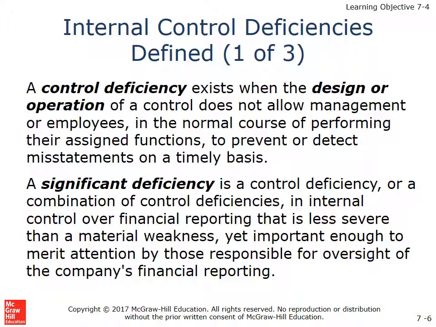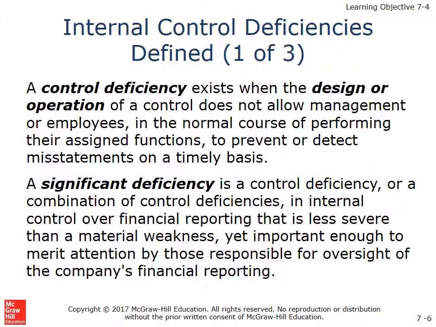A design deficiency exists. So it's a design or operation deficiency. What is a design deficiency? It exists when a control necessary to meet a control objective is missing, or it's not properly designed. A deficiency in operation exists when the control does not operate as designed, or the person performing the control doesn't possess the authority or qualifications to perform it. So one is in the design of it, the other is in the actual operation of it.